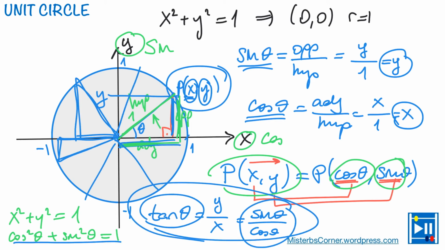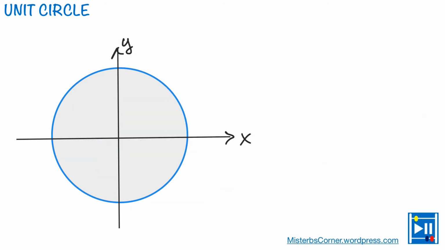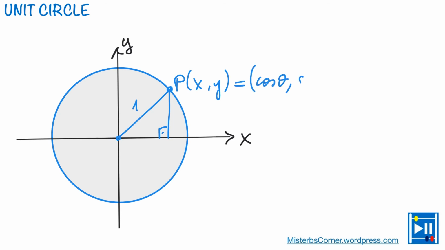So if we sum up, the unit circle is a circle with center, the origin, and the radius 1, right? And if we have this point with the coordinates x and y, we can also express these coordinates as cosine theta, sine theta.